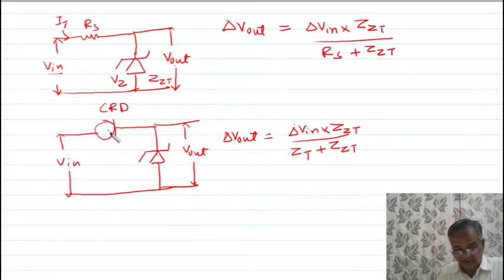Now, this change in the input voltage depends upon how much voltage can be absorbed by the CRD. Here is the second advantage I am discussing: what is the maximum limit of the change in input voltage? That depends upon how much maximum voltage can be absorbed by the CRD. But in the RS Zener circuit, it is not like this.